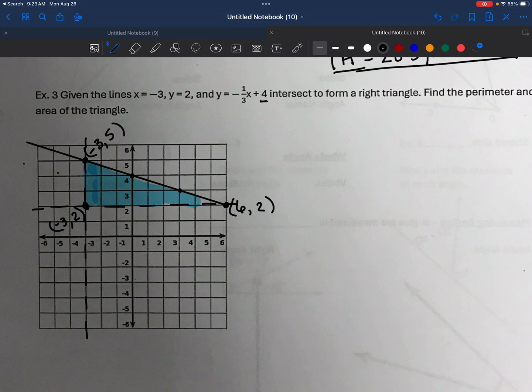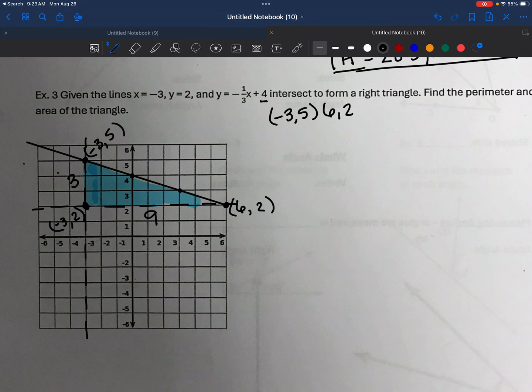So how far is it from -3, 2 to -3, 5? 3. This distance here is 3 units. What about across to 6, 2? 9. 9 is correct.